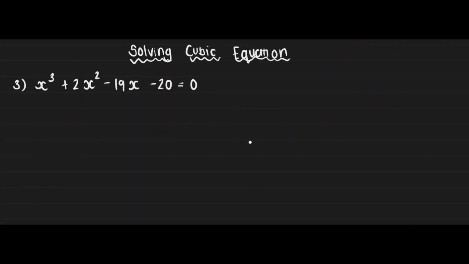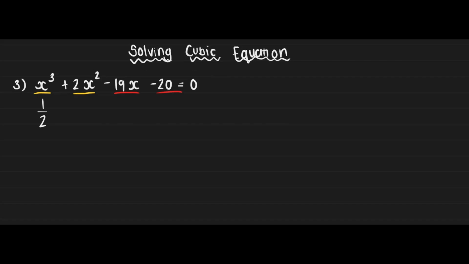Now, let's look at number 3. Let's say you're given an equation like this, x cubed plus 2x squared minus 19x minus 20 is equal to 0. First, we check whether we can factorize by grouping. The coefficient of x cubed is 1 and the coefficient of x squared is 2, so it's 1 over 2.